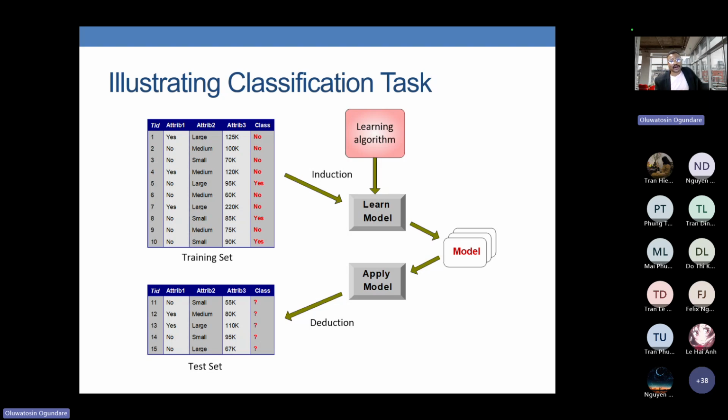But there will be other models that will try to calculate the likelihood of this data point being in class no versus the likelihood of it being in class yes, and it will select the category that maximizes the score, right? So that's another kind of model which we're going to get to later on. So the way we figure out this problem depends on the model we're using, and for nearest neighbor, we just try to determine what the neighbor is, and that is how we assign these classes, period.